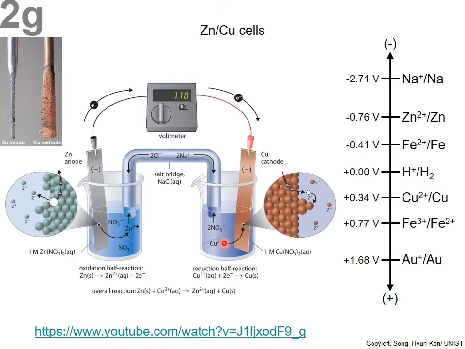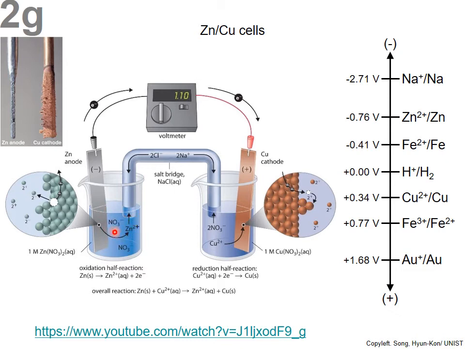So let me check the charge balance. In the left beaker, the electrolyte is positively charged because extra zinc 2+ is generated from the zinc electrode.